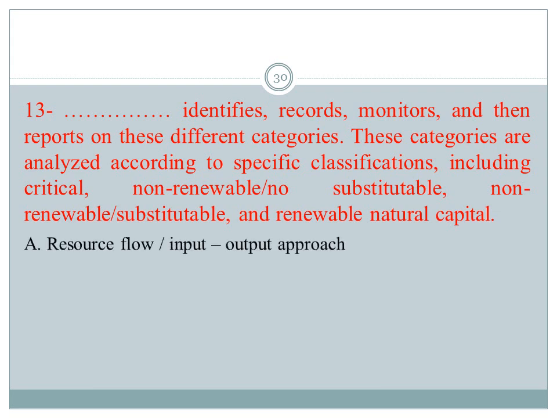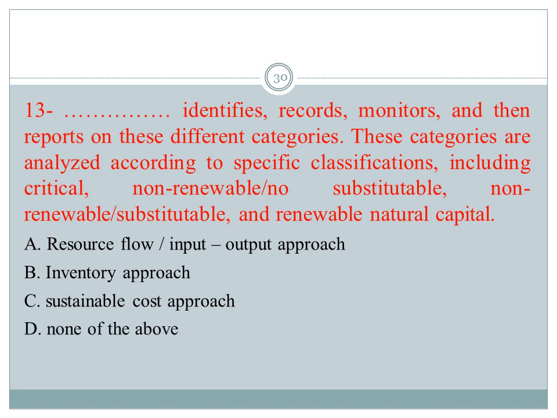A. Resources flow input output approach, B. Inventory approach, C. Sustainable cost approach, D. None of the above. The correct answer is inventory approach. Inventory approach focuses on how to identify and record and monitors and then reports on these different categories.